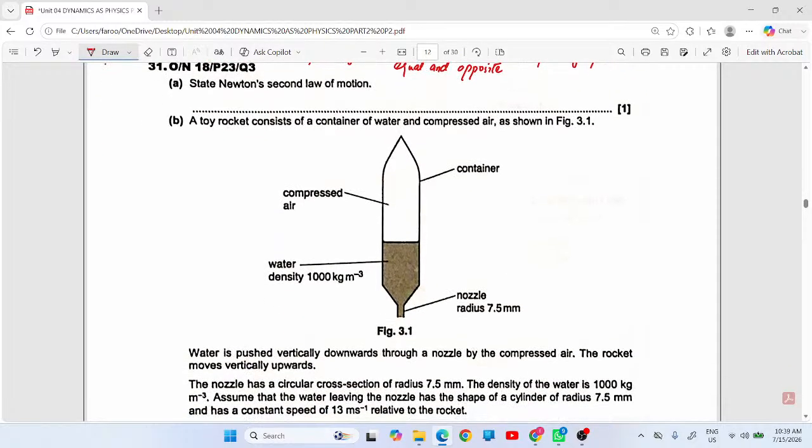Next, state Newton's second law of motion. What is Newton's second law of motion?